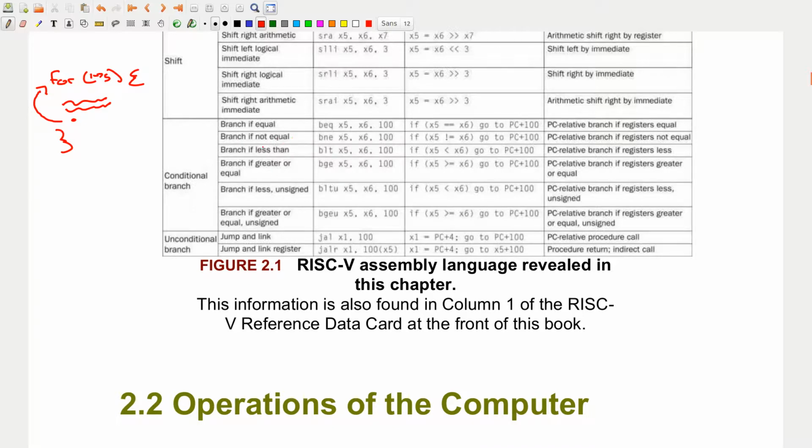And so this is done with what's called branches. The PC is equal to something called a program counter. This is just a counter that keeps track of which instruction we're on.